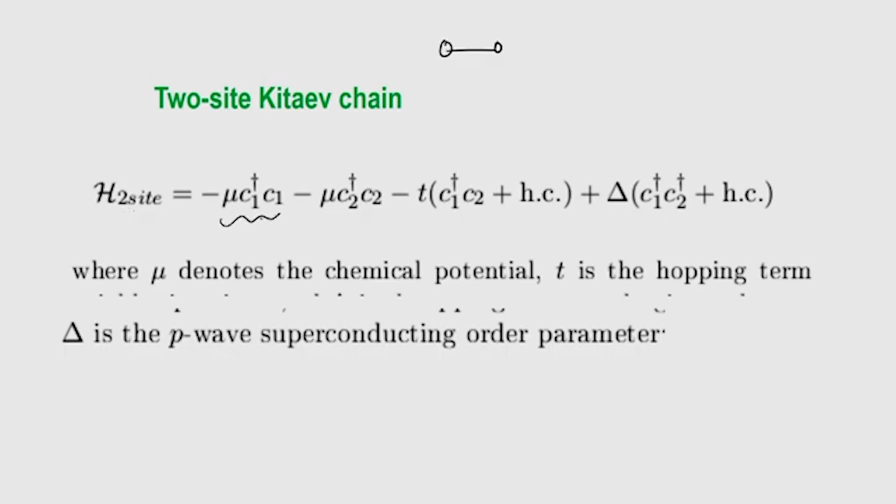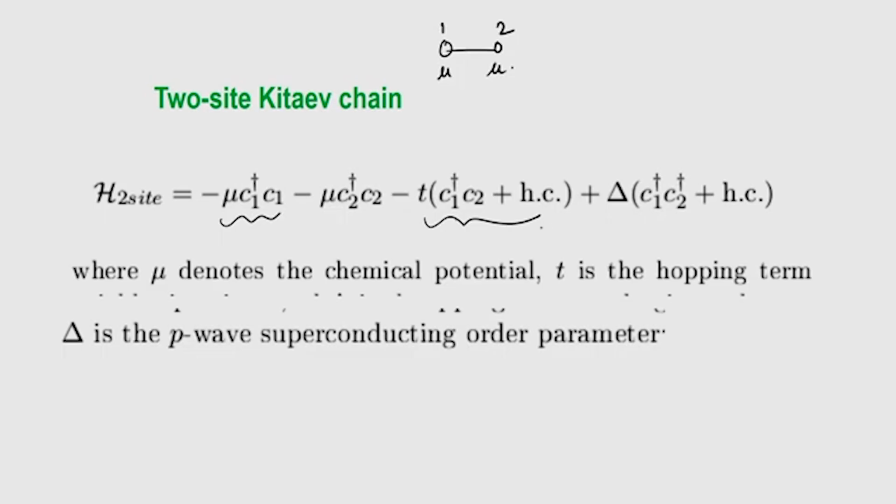This is the chemical potential corresponding to site 1, let us call this site 1 and this site 2. This is the chemical potential for site 2, both are the same in this particular case, and there is a kinetic energy which allows the electron to hop from 1 to 2. When I say semiconducting wire or a tight binding chain, we implicitly assume that there are electrons present.